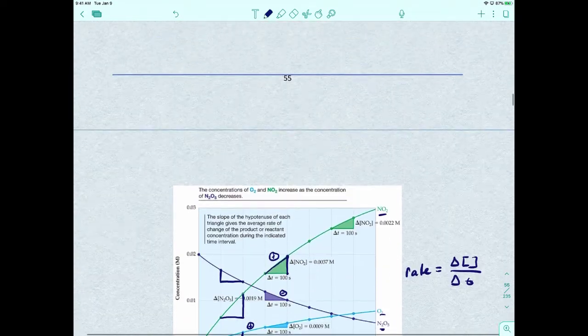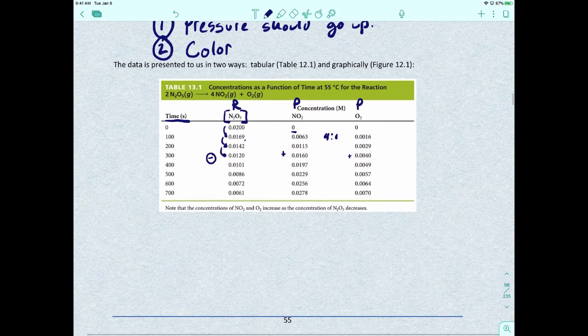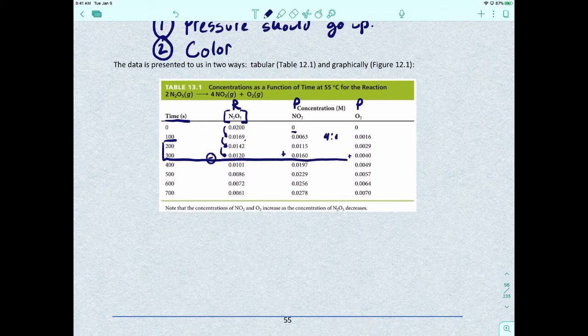So what we're going to do is take a look at this graph, and we want to analyze the concentrations. I'm boxing them up for all three of these in that time from 200 to 300 seconds.